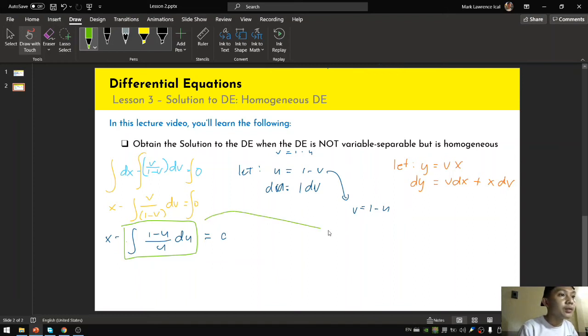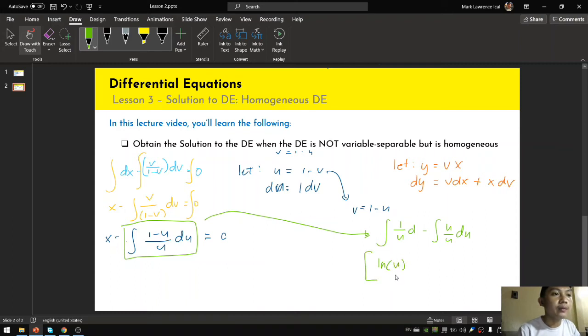So side note lang ha. So we can do this like this. So it's going to be integral of 1 over u minus integral of u over u du. Okay, so obviously this is going to be ln function of u.